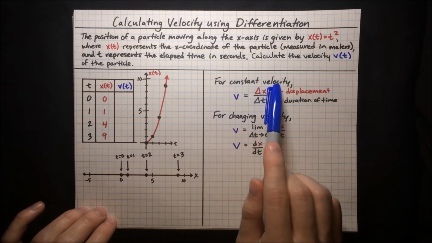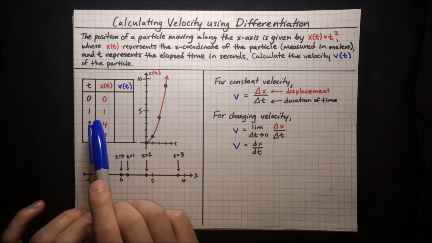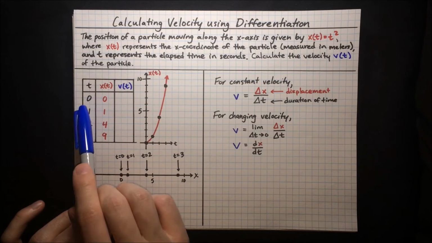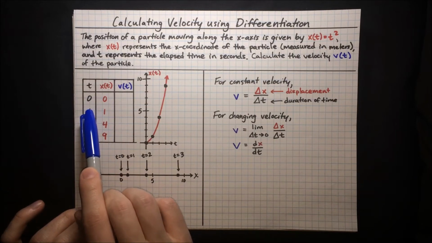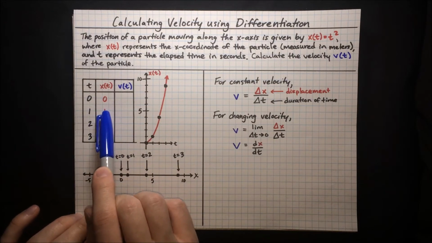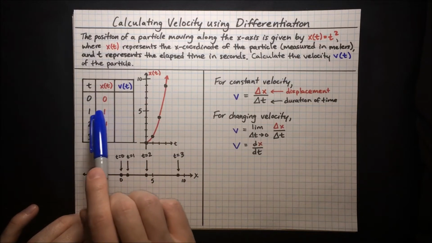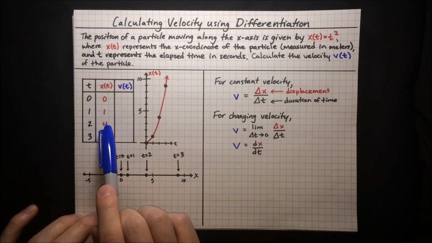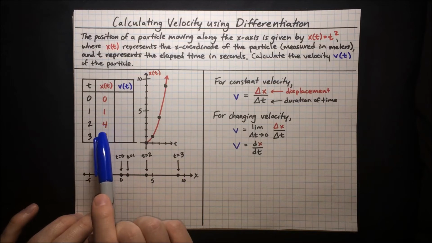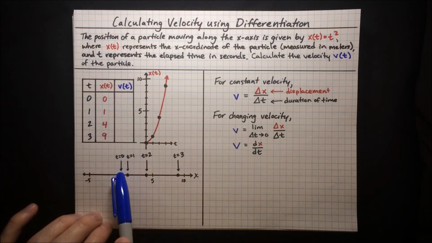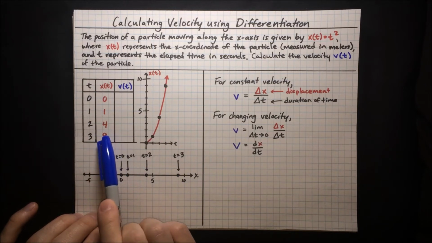If we tried the constant velocity formula on the interval as t ranges from 0 to 1, we get a displacement of 1 divided by a duration of 1, so velocity would be just 1. But if we tried it on the next interval, we'd get a displacement of 3, 4 minus 1 is 3, and then still divided by 1, so velocity is 3. So the velocity is really changing at every moment in time as the particle is moving. So how do we deal with that?